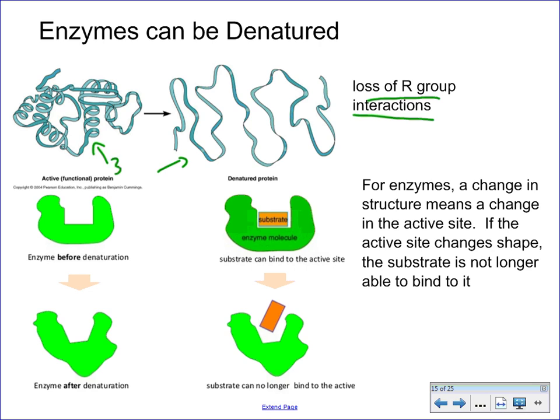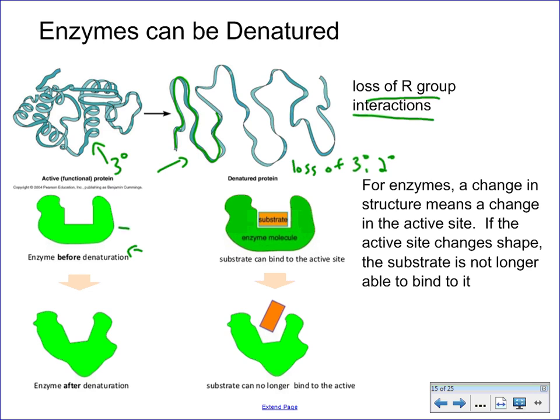In that functional protein, it has a tertiary structure to it, and in a denatured protein, there is that loss of the tertiary structure as well as the secondary structure. All that remains is the primary structure, where we just have amino acids linked together in that chain.